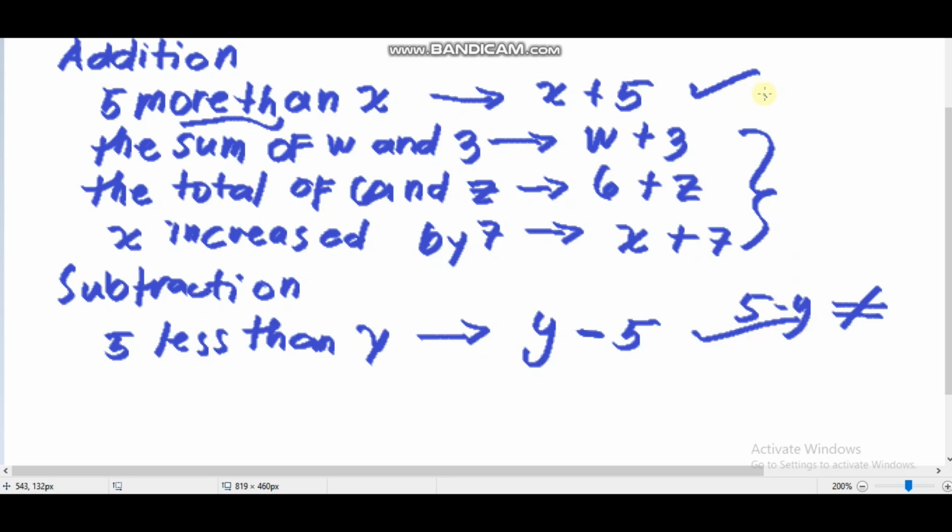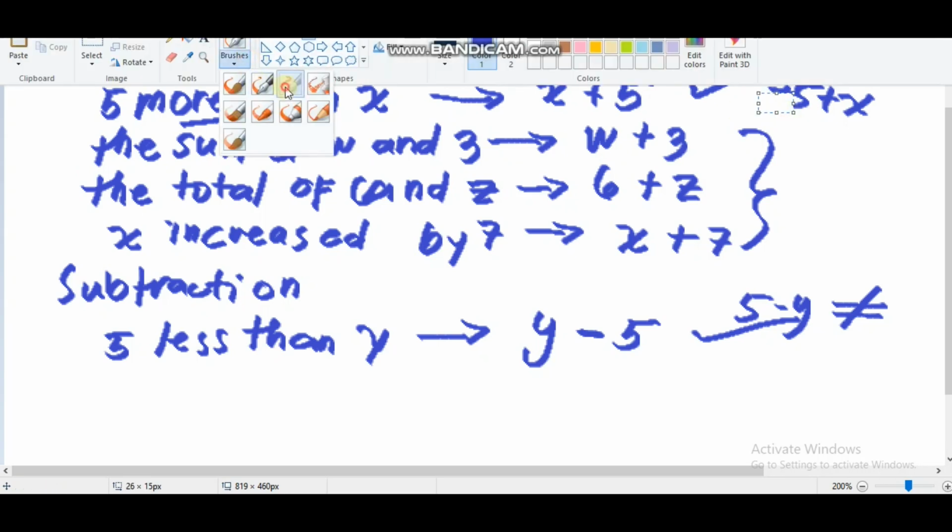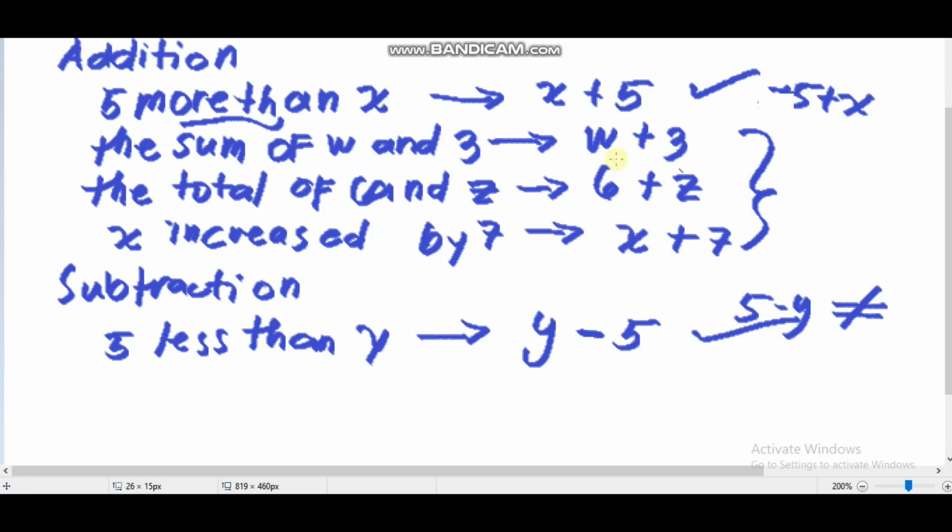Unlike here, with 5 plus x, it is the same. They are equal. So this is the commutative property of equality. Now, in this case, be careful. 5 less than y, that is y minus 5.